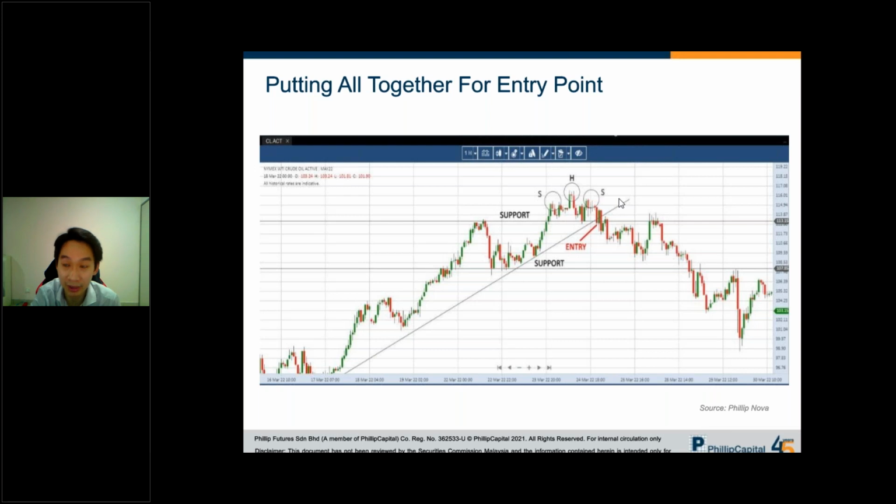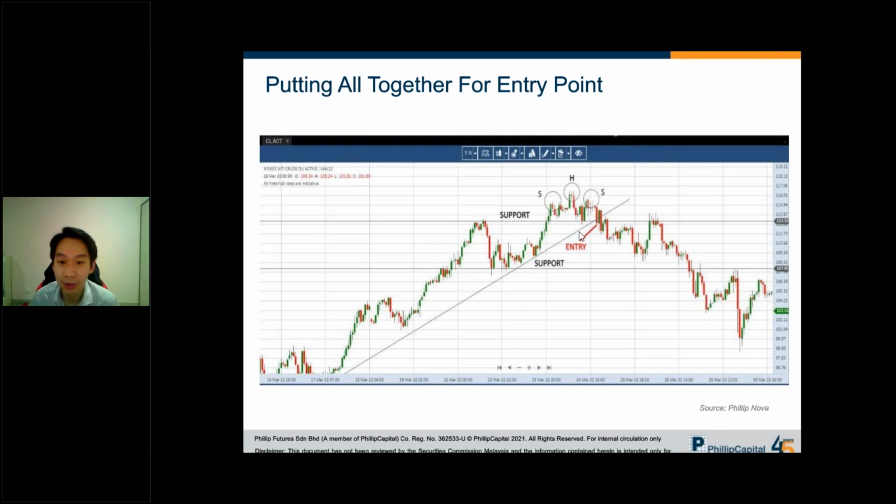It might just form a head and shoulders and continue going higher. It may be possible, but when you have 2 or 3 patterns happening at the same time, then you can confirm that this is a safe trade. We always want to trade safer, because technical analysis uses probability in your favor. So when you have 2 or 3 things happening, it means there's a high probability the market is going in this direction. So you always wait for 2 or 3 things to happen before you enter the market.